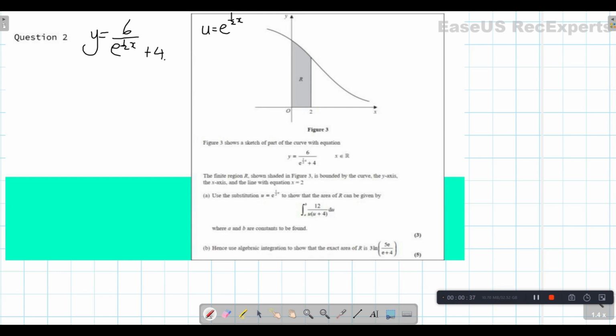the integral from a to b of 12 over u times (u plus 4). First of all, u equals e to the power of half x.